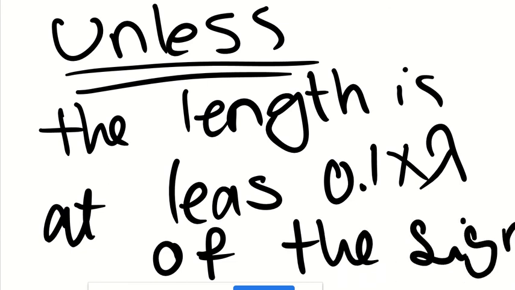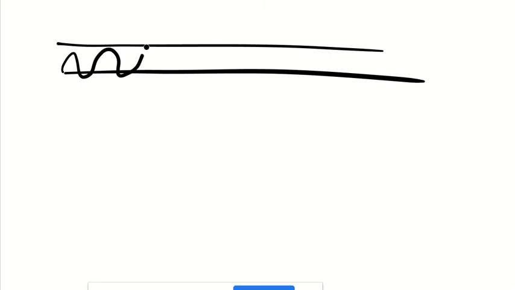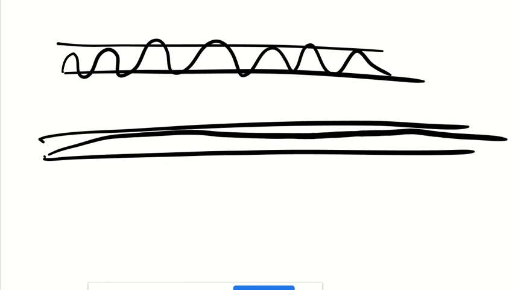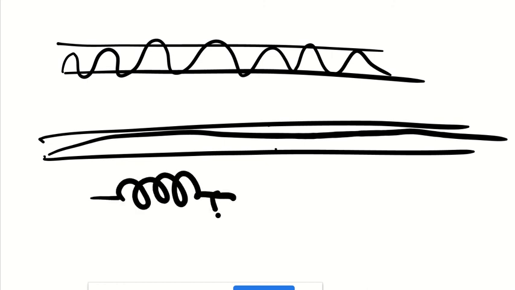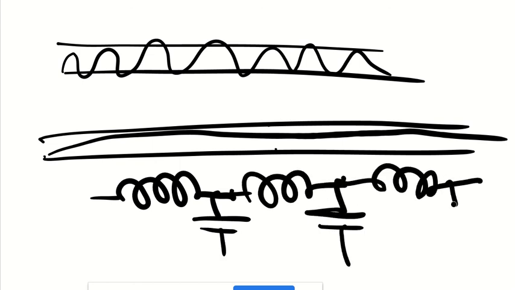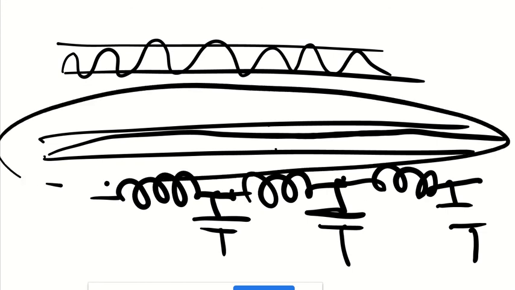Because you have a transmission line and you have a signal going in, right? But if the wavelength is very large compared to the length of your conductor, that wouldn't cause any problem, and these inductors and capacitors wouldn't be bothered.